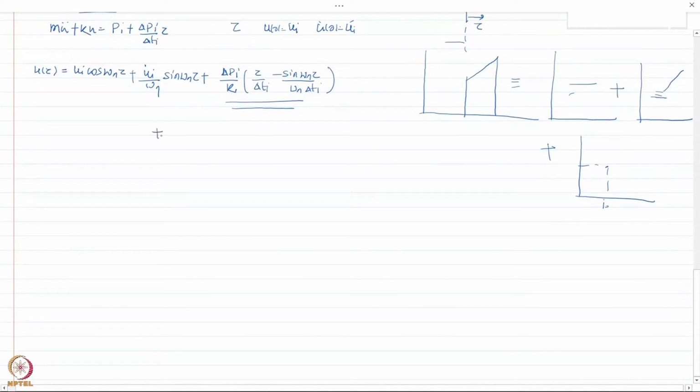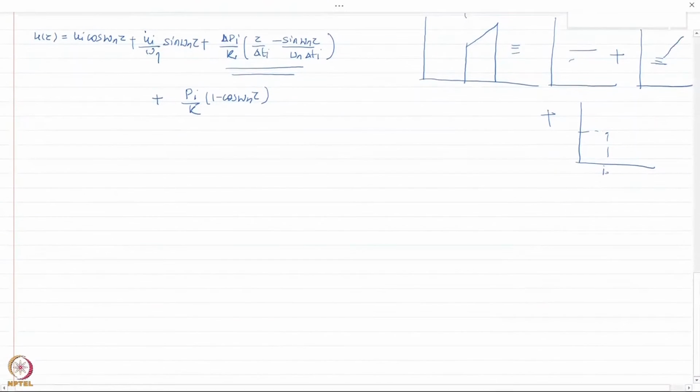Due to the step function, it would be p_i by k times 1 minus cos omega_n tau. The total displacement is the sum of the displacements for each of these, and I can do that because it's a linear system, so the principle of superposition is valid. Now I can differentiate this and get the velocity expression.